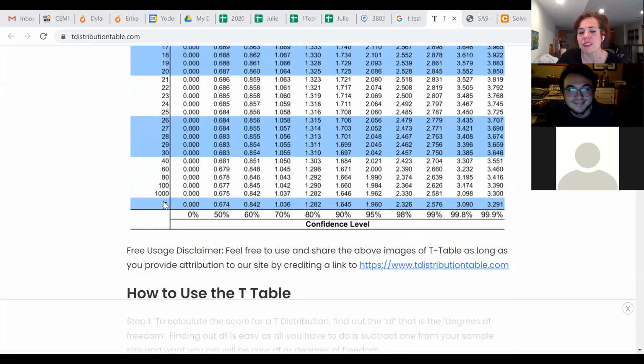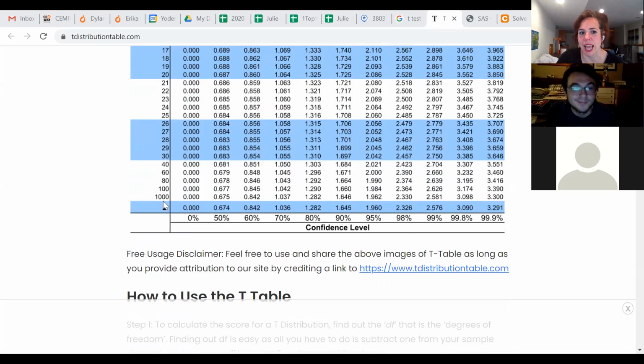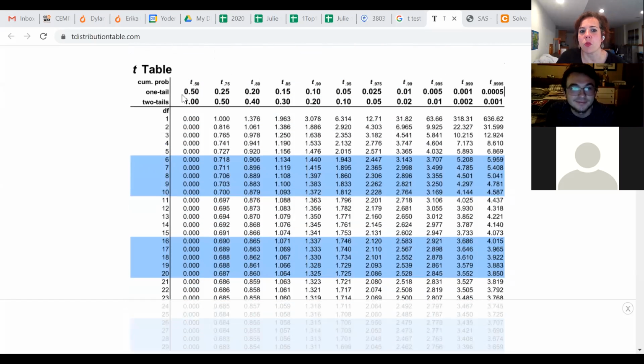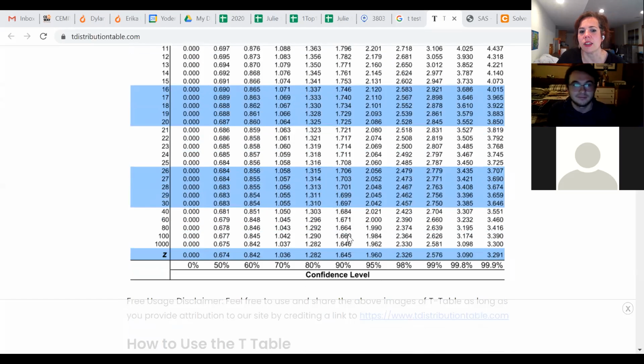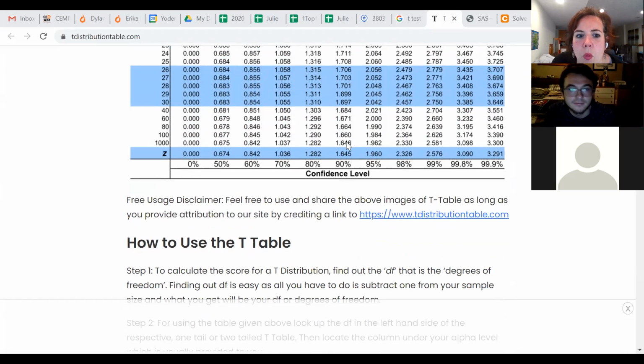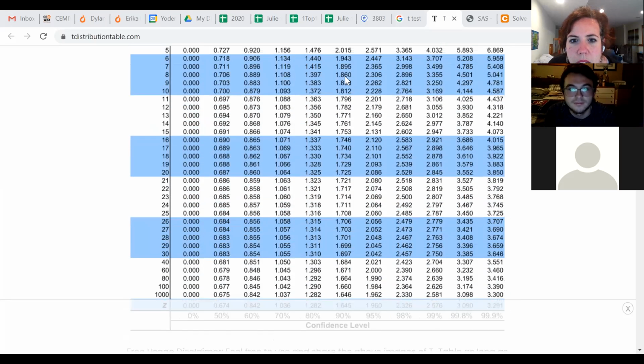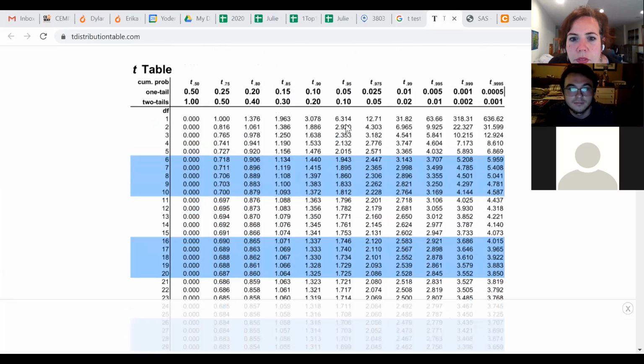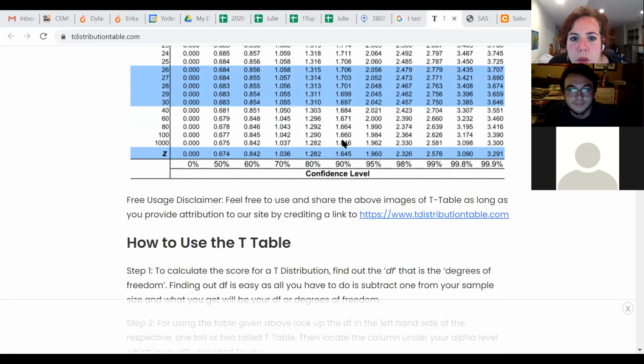But for the sake of argument, if I was going down here, one tail, 0.05, I would go down, down, down, and at 100, I'm in the wrong column. I think this is the one I want. Yes, one tail, 0.05. That would be 1.660.